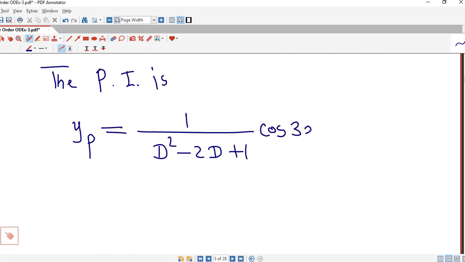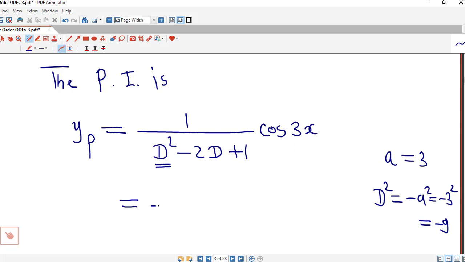Now if we compare with cos(ax + b), here we have a equal to 3, and we will replace D square by minus a square, that is minus of 3 square, which is minus 9. So now we replace this D square by minus 9 and we keep other terms as they are.